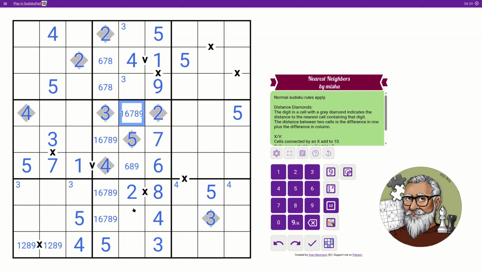This is great. That's not an 8. That is not an 8.